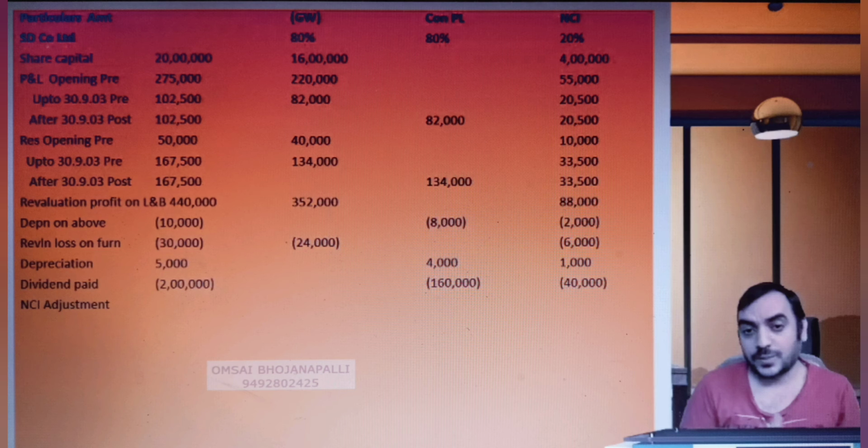So rate of depreciation equals closing value minus opening value, that is depreciation basically, divided by opening into hundred.